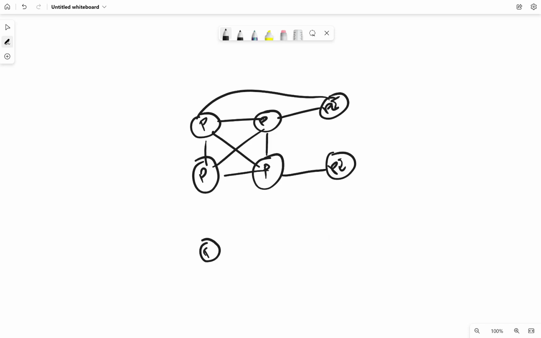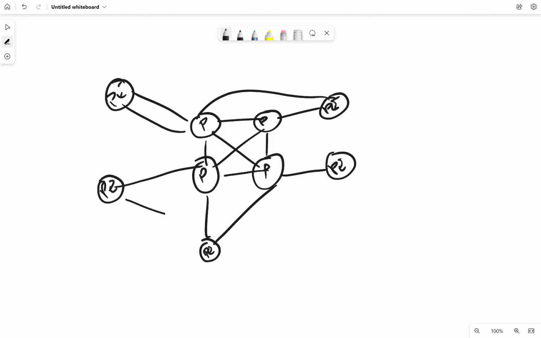And then another couple of PE, or one PE node here, might have a PE node here, and then you might have a PE node here that's redundantly connected like this.